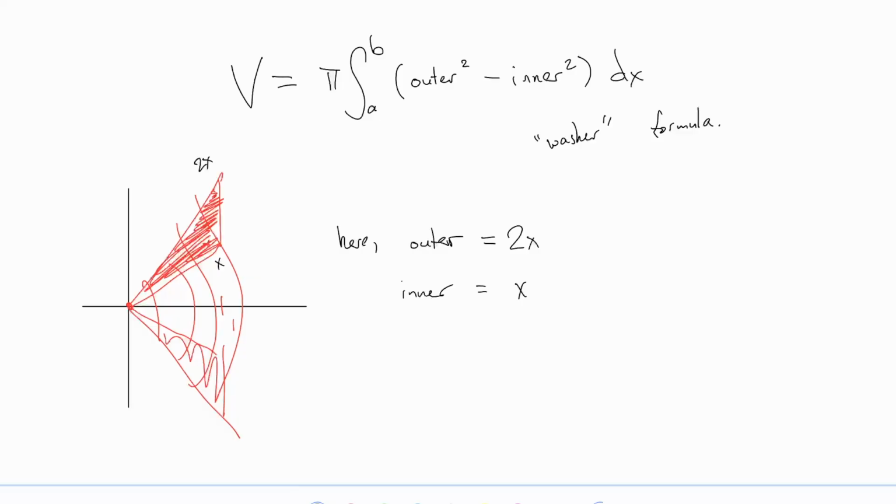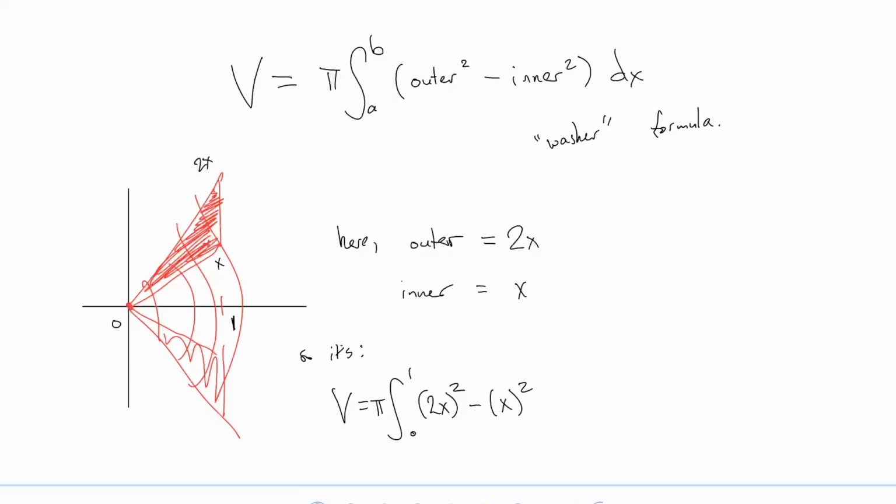Now we should be able to work this out using the formula that you see up there. So V is the integral. The boundaries here are 0 and 1, just because I said so at the beginning: 0 on the left side, and then the x value goes up to 1 on the right side. Sorry, I forgot I put my pi on the outside. In here, it's going to be outer squared, so that will be (2x) squared minus inner squared, x squared.